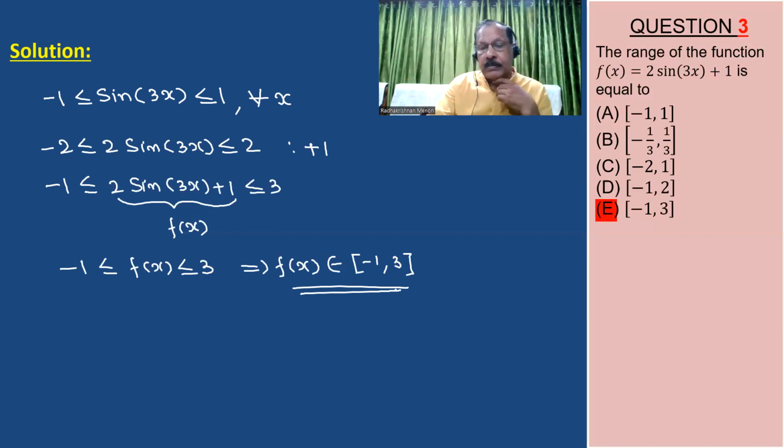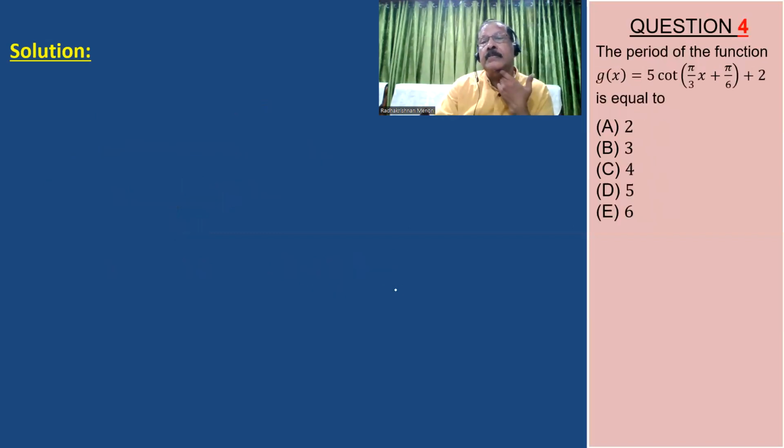Now the next question. Let us see how it is done. Period of a function. Unfortunately, in 11th standard trigonometry, period is not studied in your curriculum. But for entrance examinations, see, last year it was asked. So you should know what is period. What is a periodic function?